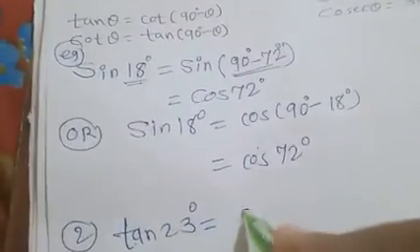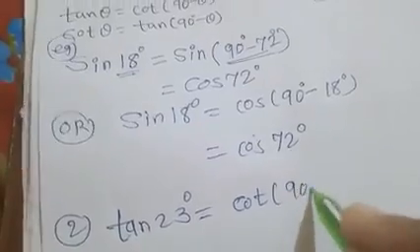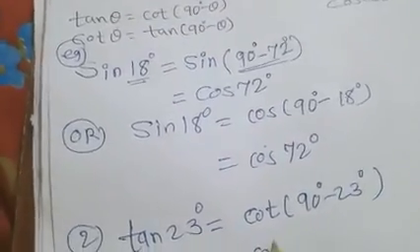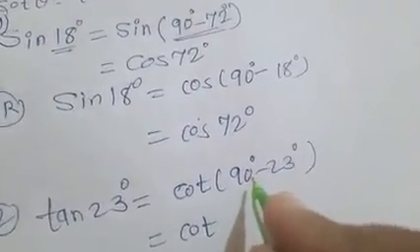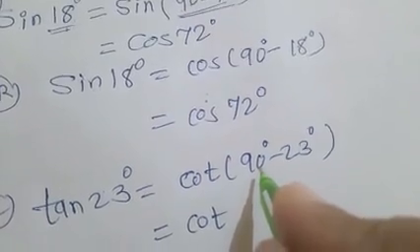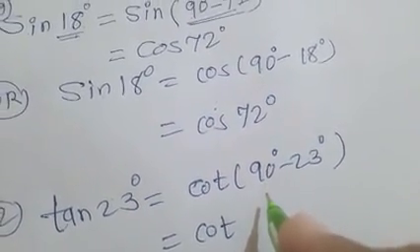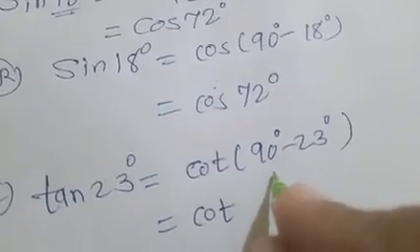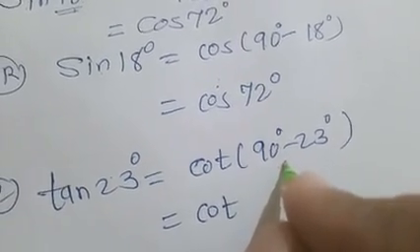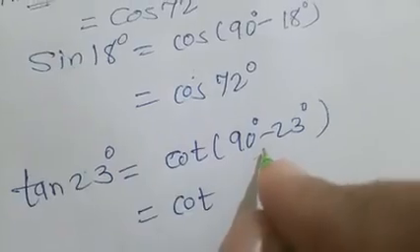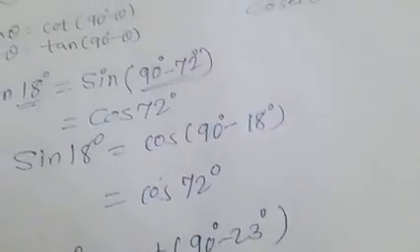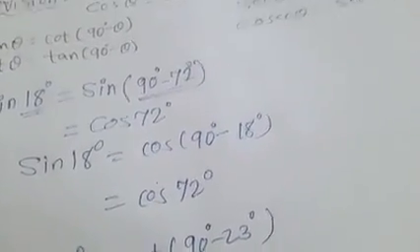Using that, tan 23 is cot 90 minus 23. Then cot, what is 90 minus 23? Do the calculation fast and tell me. Correct. It is cot 67.